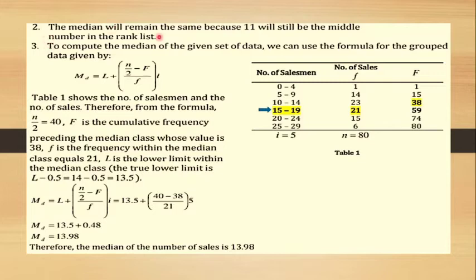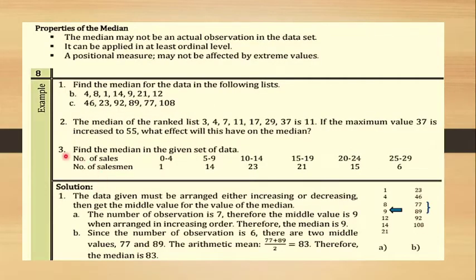So, the median will remain the same because 11 will still be the middle number in the ranked list. So, yung 11 pa rin yung nasa gitna sa ranked list.